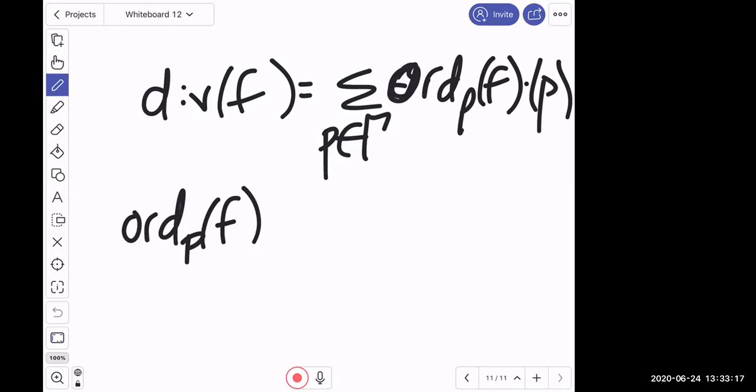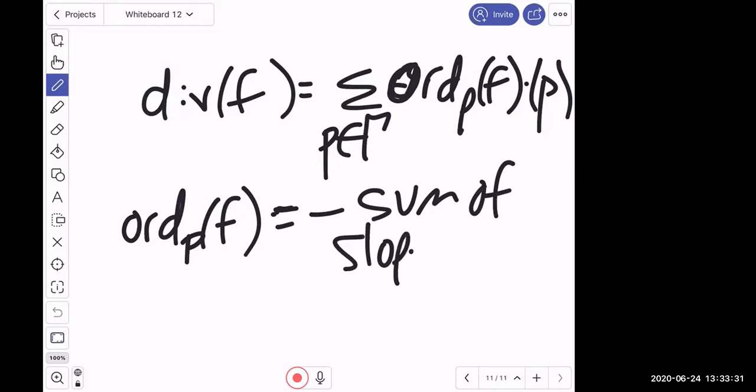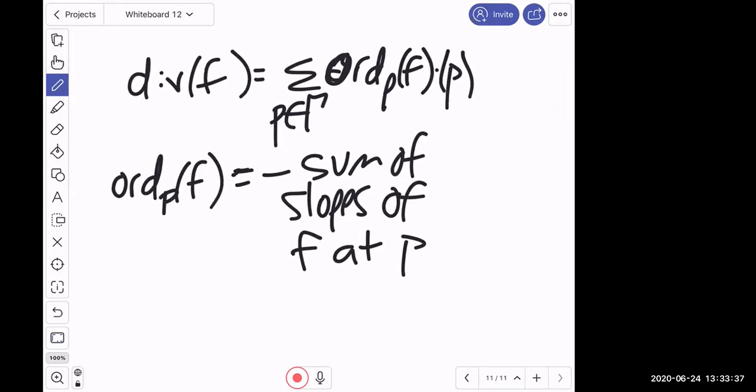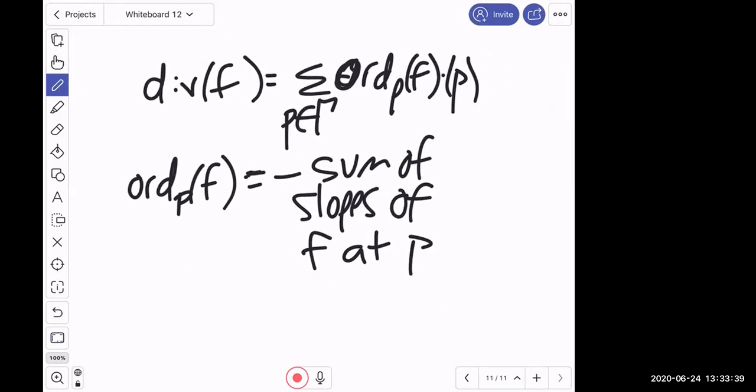So you're trying to tell if something's a zero or a pole or neither. And for some conventional reasons, I'm going to look at negative here, but it's minus the sum of the slopes of the function at P. And at all but finitely many points, this is zero because you have two outgoing directions at most points.